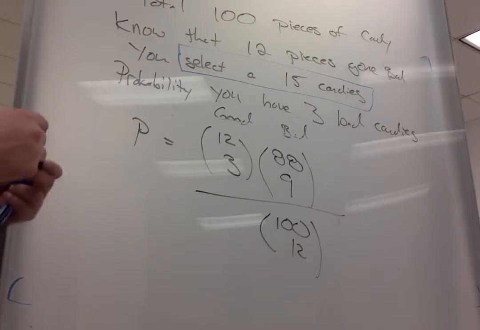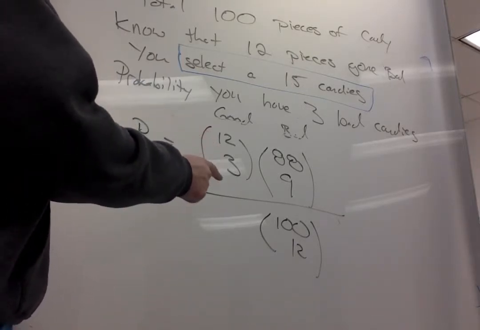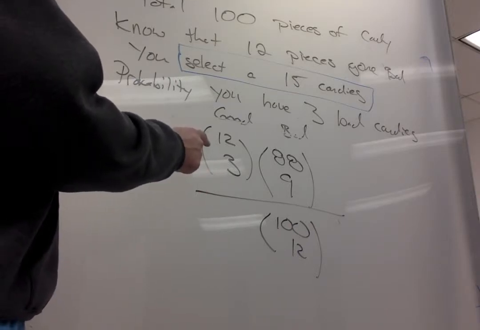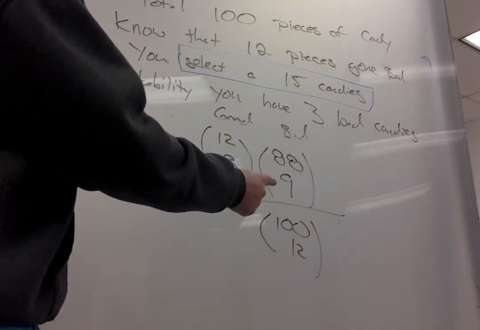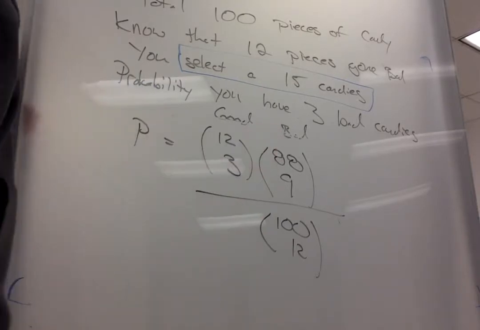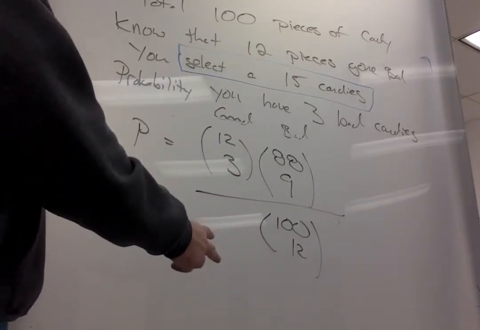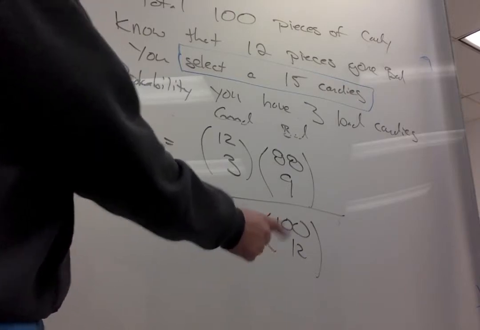Again, this is the number of ways to have 3 bad candies out of a total group of 12, multiplied by the number of ways that you can grab 9 good candies from a total number of 88, divided by the total possible ways that you could draw 12 candies from a group of 100.